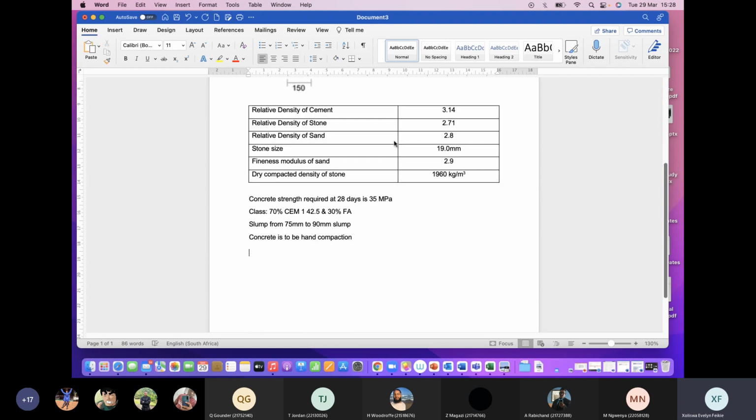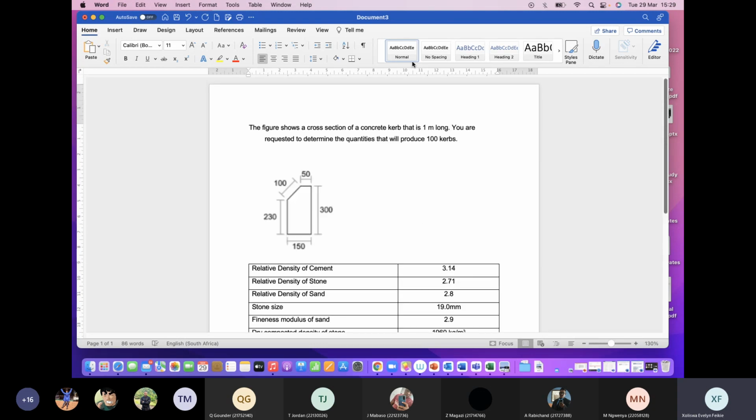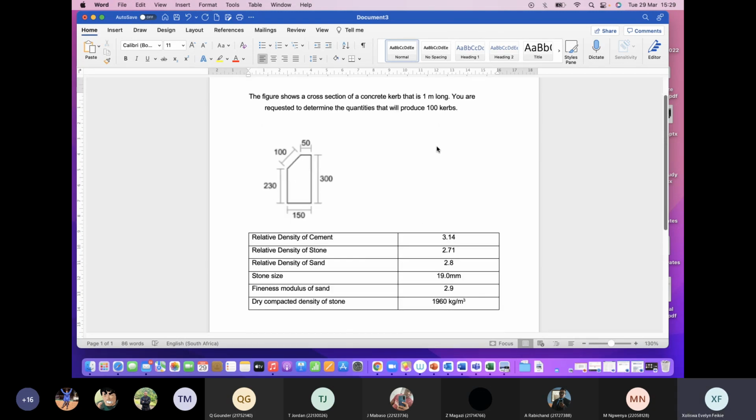How much cement in terms of weight, the amount of water, the aggregates, and the amount of sand that you're going to need to produce whatever it is that you need to produce. So that's what they need, meaning that you need to give them that information, right?